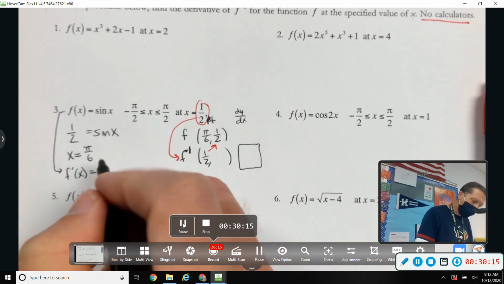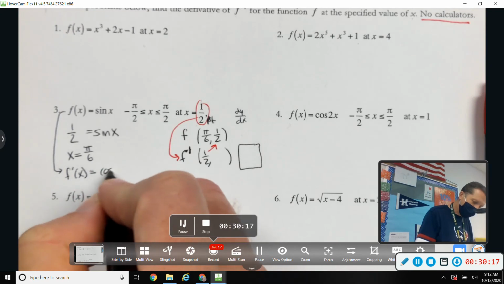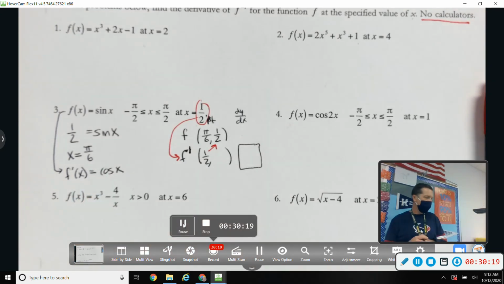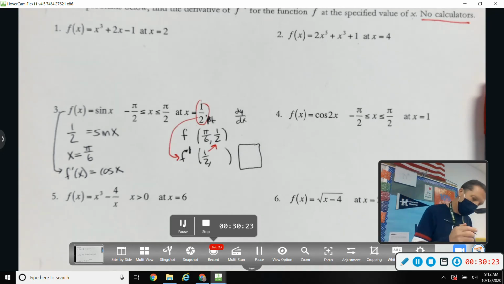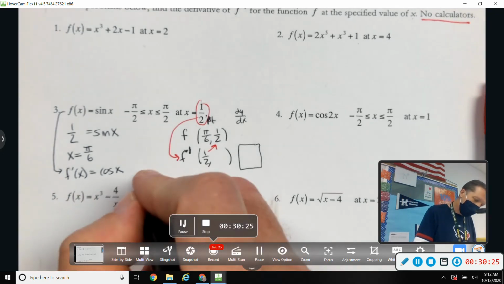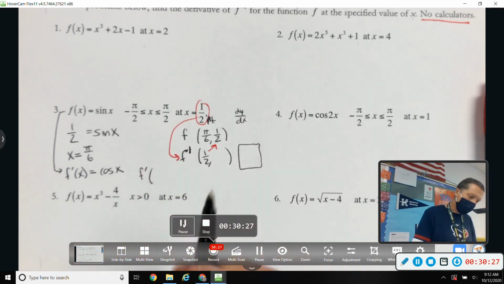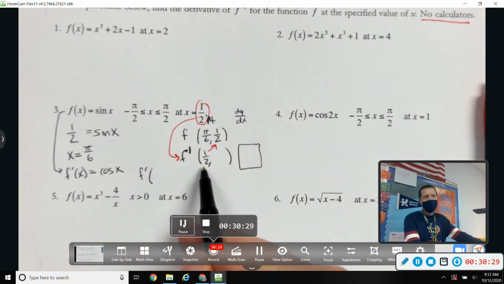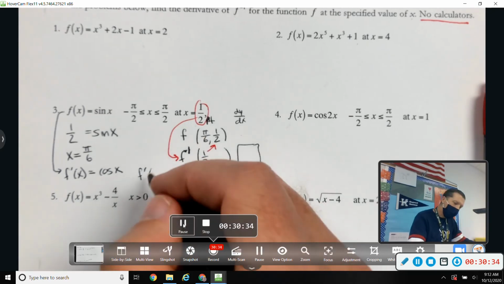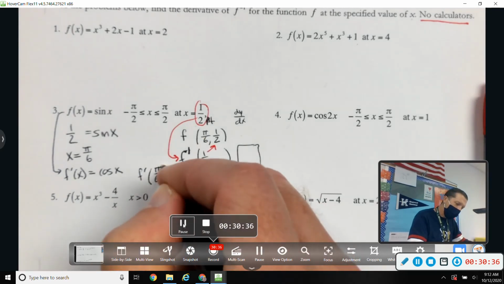So derivative of sine is cosine. Now we want to find that derivative not at 1/2, because 1/2 is the x value that goes with the inverse. We want to find it at pi over 6, because that's the x value that goes with the original.